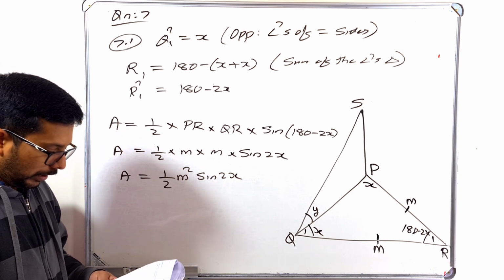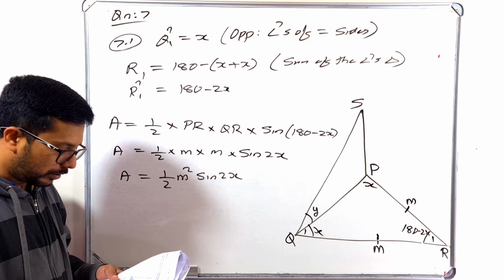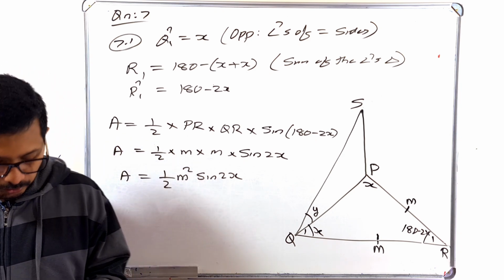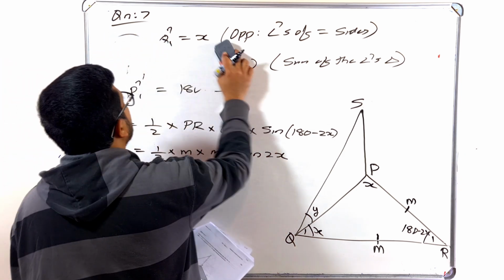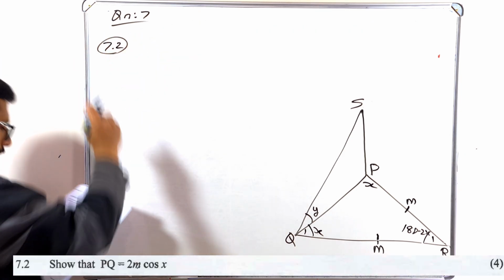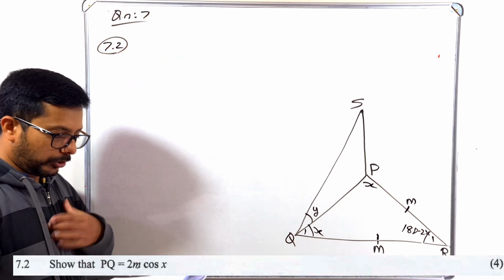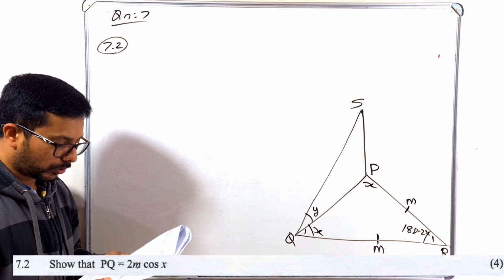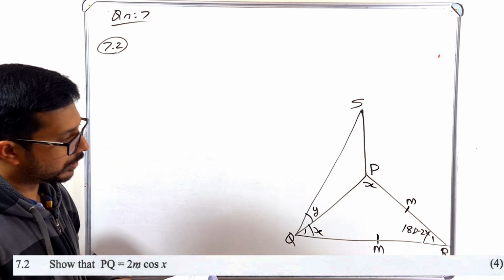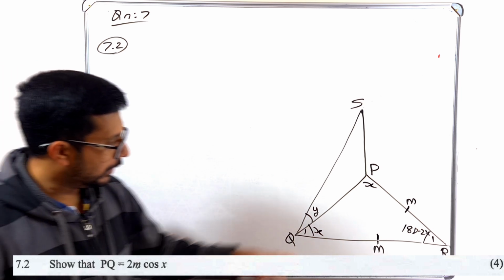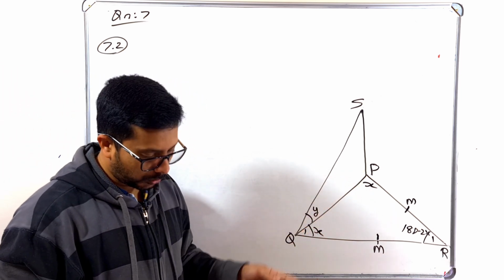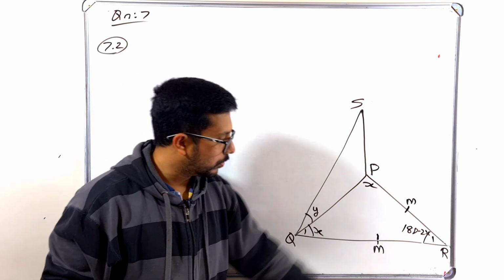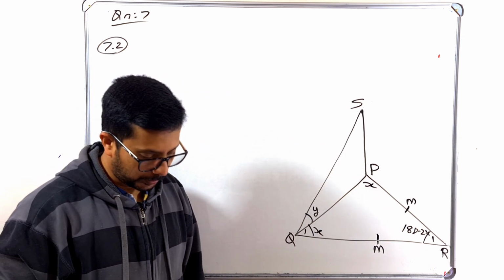Okay, next question, question number 7.2. Hence show that PQ is equal to 2m cos x. This angle is 180 minus 2x.